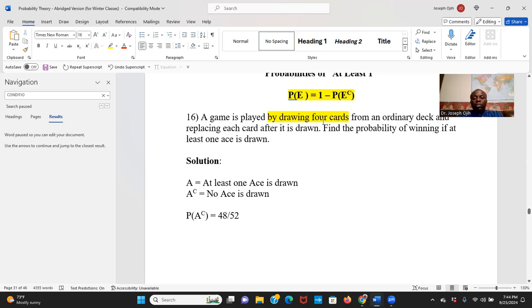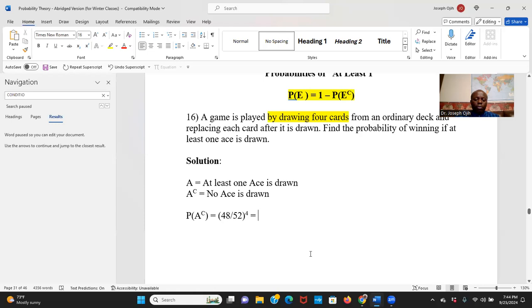Now, because it's drawn 4 times, 4 cards, that means raised to the power of 4. I mean 48 over 52 times 48 over 52 times 48 over 52. So raised to the power of 4. Remember, not times 4, but to the power of 4. That will give you the probability that no ace is drawn.